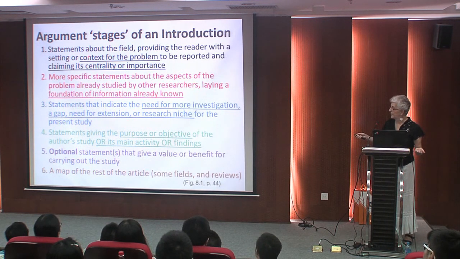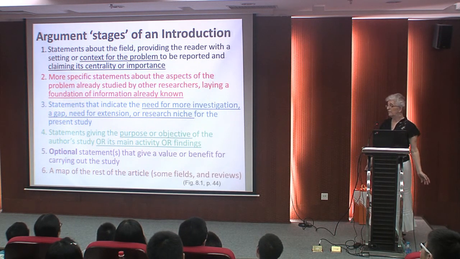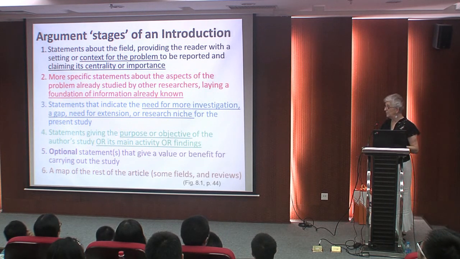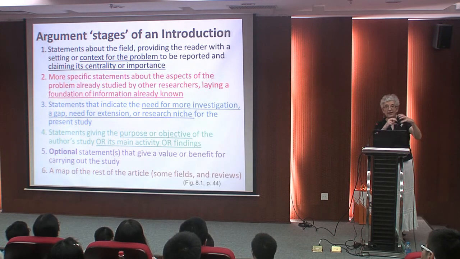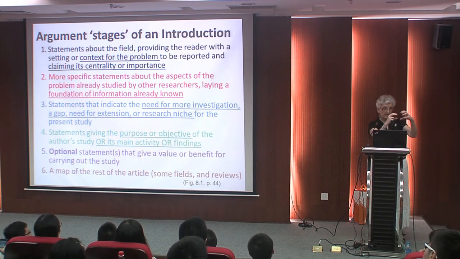So stage 1: statements about the field of research, providing the reader with a setting or a context for the problem to be reported in the paper, and claiming that it is important and in the center of our concern.